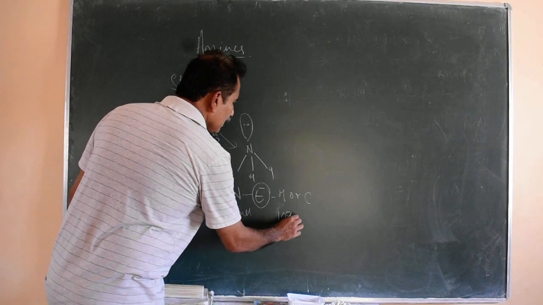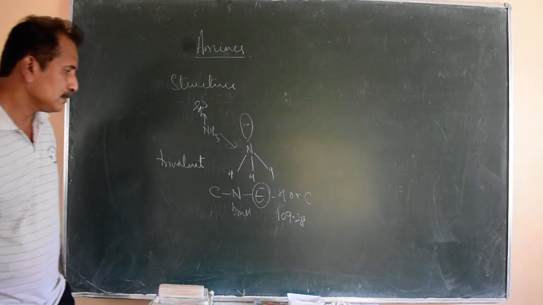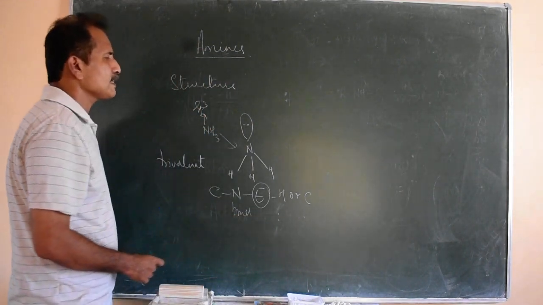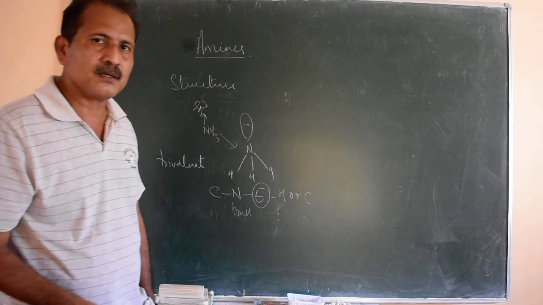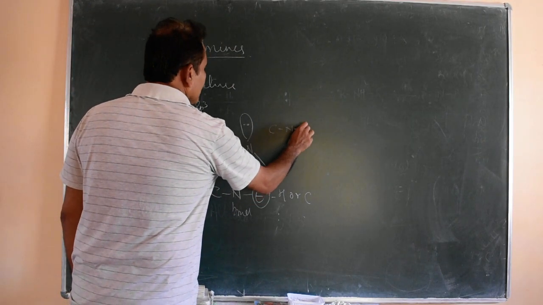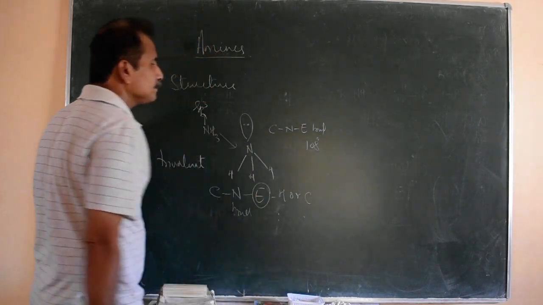It will be less than 109 degrees. Okay. So if it is tertiary, for example, a tertiary amine, like for example trimethylamine or triethylamine, you see that the C dash N dash E bond is around 108 degrees.